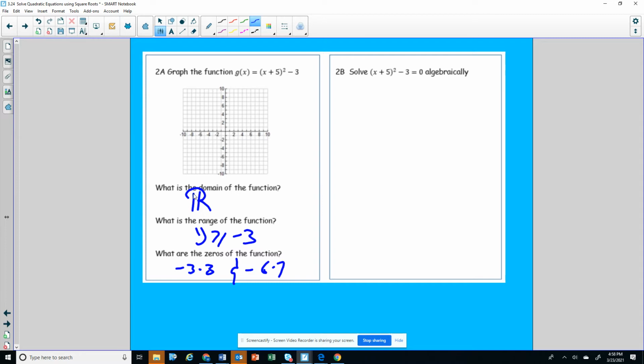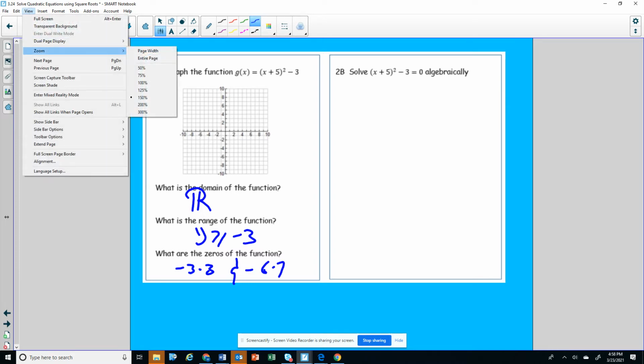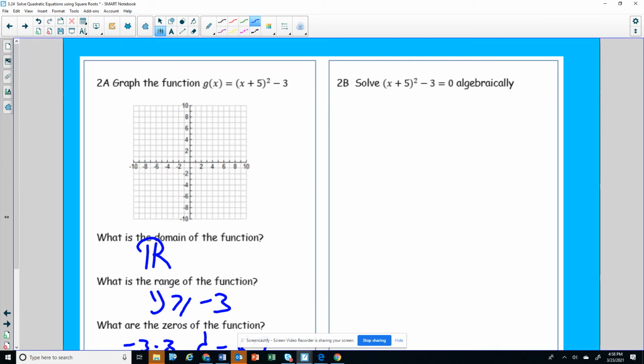And I guess I could try and sketch this. Let me see if I can do this. Let me make this a little bit bigger. Zoom in. Let's go to 200. So -3.3 is somewhere around there, and -6.7 is somewhere around there. It's close to 7, but who's counting, huh? I'm just sketching.